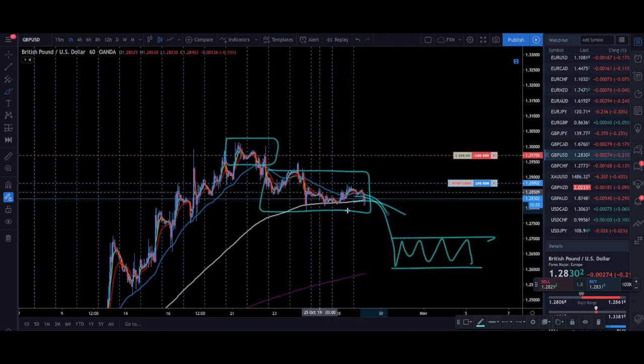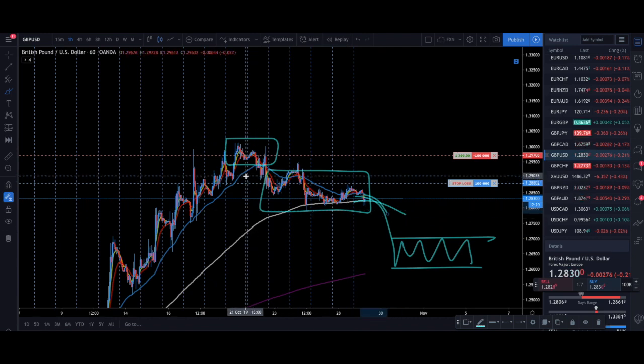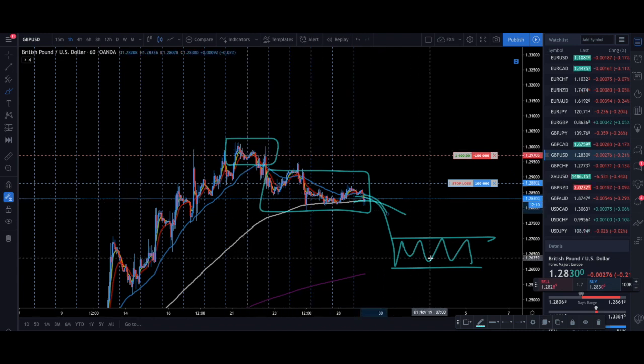Now, because this is a higher time frame, obviously this could take days, weeks, I don't know. Every one of them is different, right? So it's not a certain period of time or anything like that.